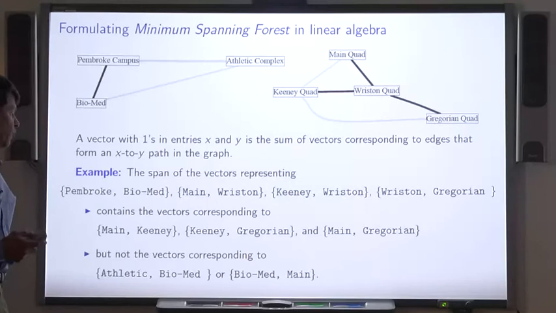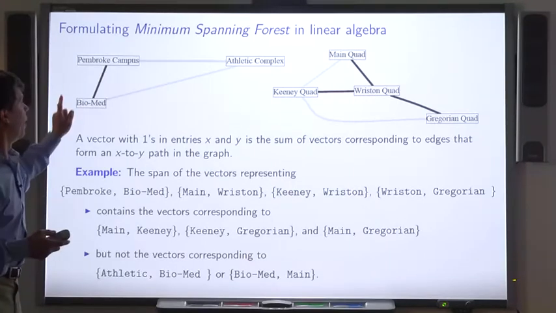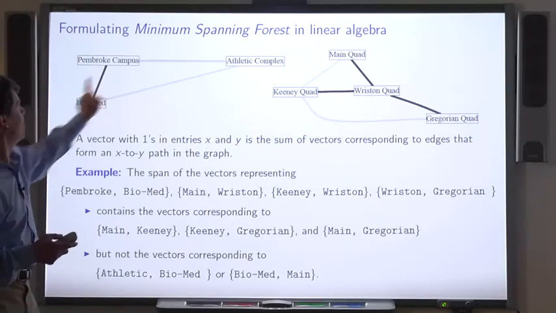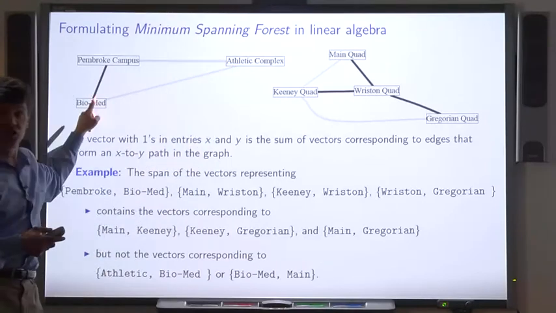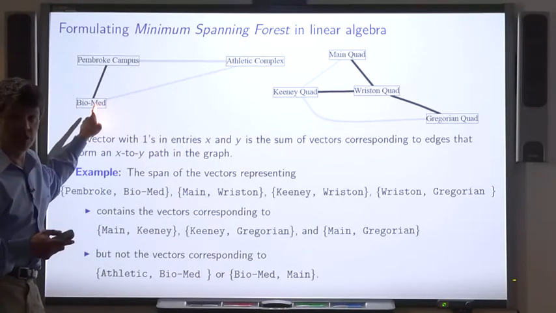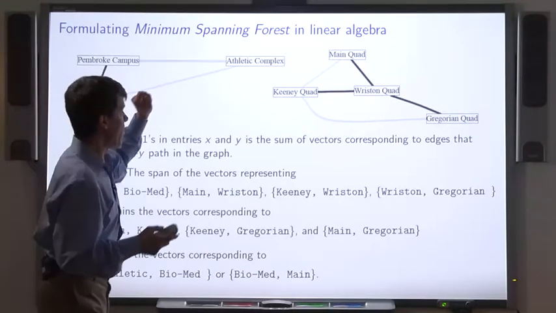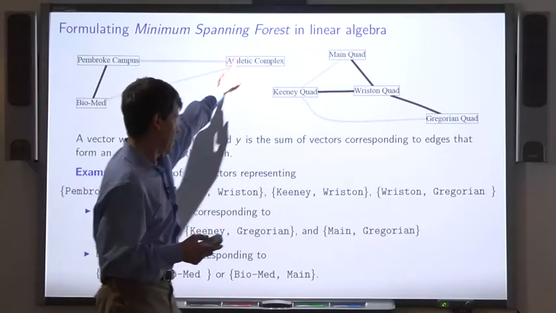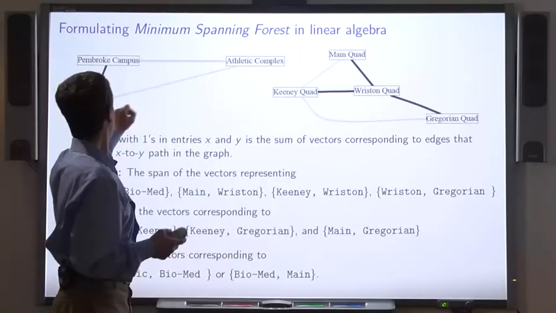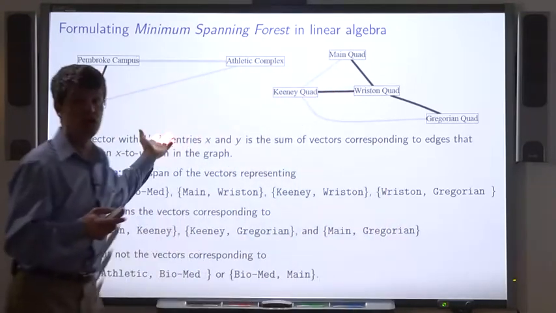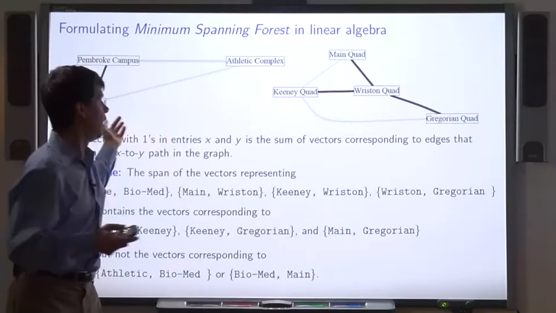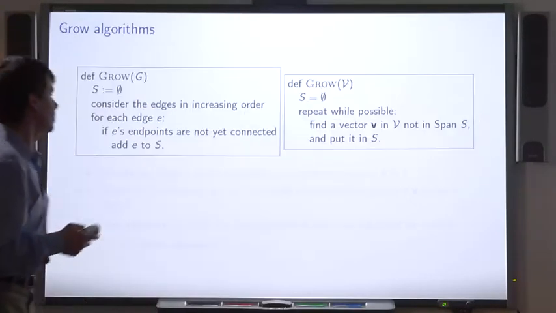But it doesn't include, for example, the pair Athletic and Biomed, because there's no path using dark edges between those two nodes. Similarly, it doesn't represent the pair Athletic and Main or Biomed and Main, because there's no path of dark edges connecting those two nodes.